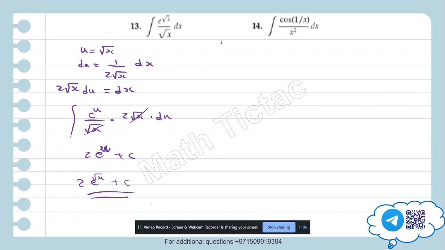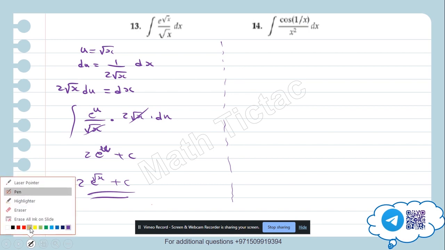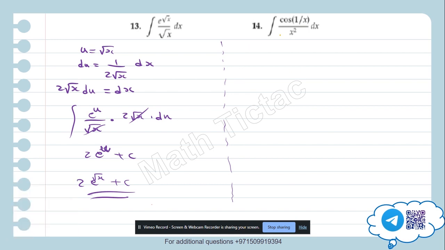Okay, so now let's see how we can solve question 14. Now the derivative of 1 over x is minus 1 multiplied by the derivative of the denominator, which is 1, divided by the denominator square, which is minus 1 over x square. We can find 1 over x square over here. So part of the derivative of 1 over x does exist.